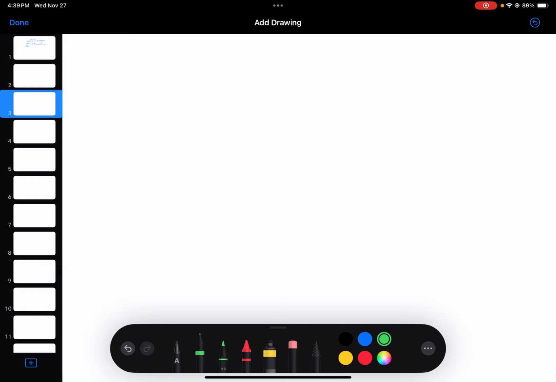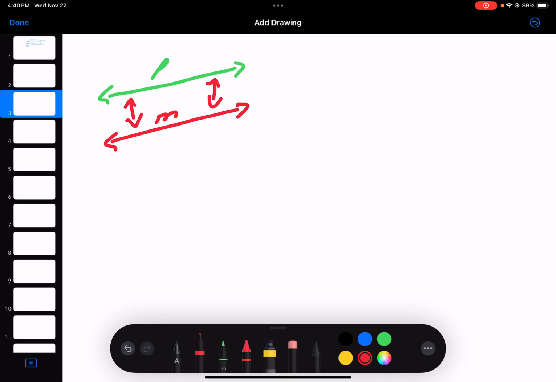All right, moving on. Parallel lines. Again, I think you guys are pretty familiar with parallel lines. Two lines that never intersect. So let's say we'll call this one L, and let's call this one M. So they're parallel because they're always the same distance apart, that would be one distance, another distance, always the same distance, and so they never meet.